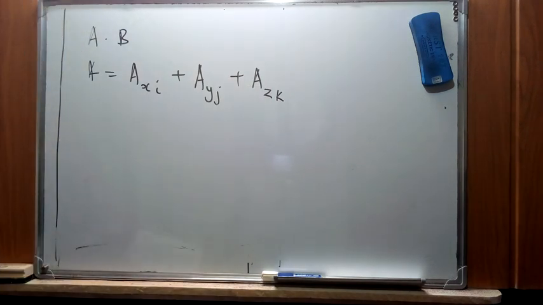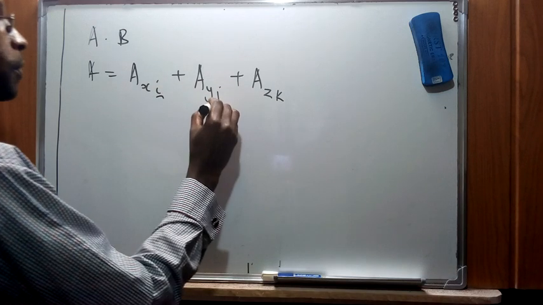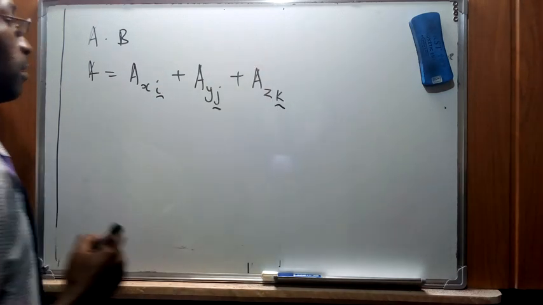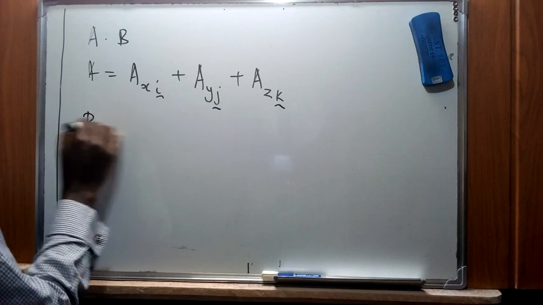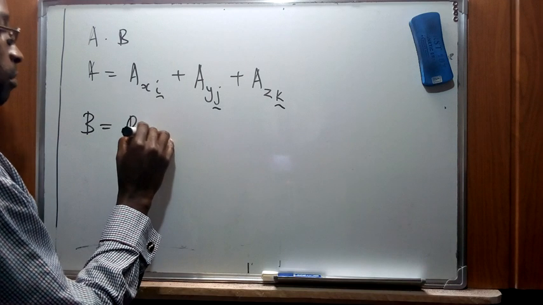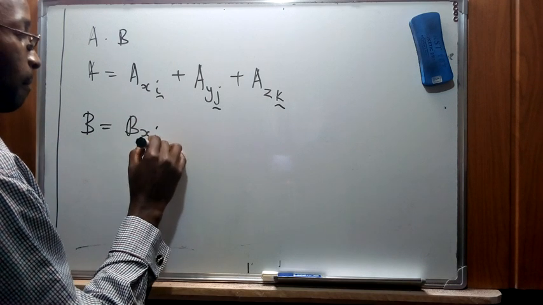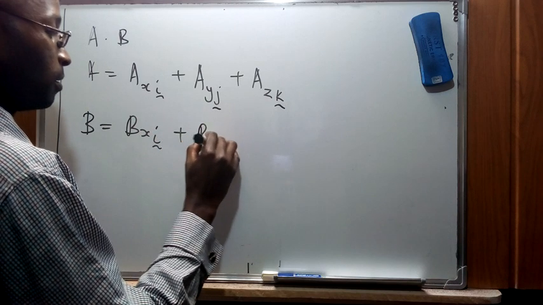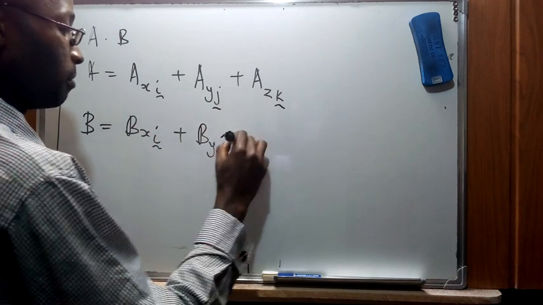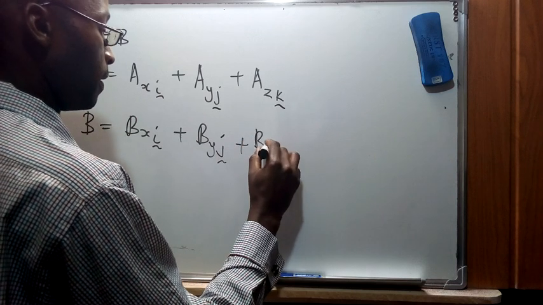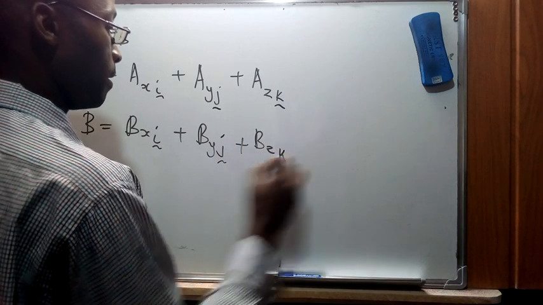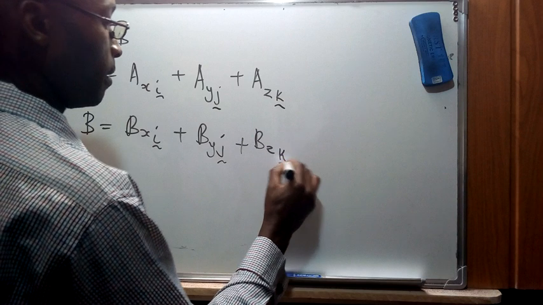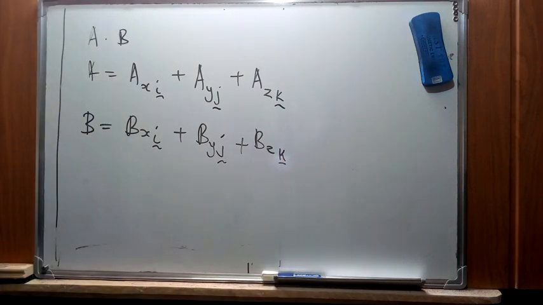So these are the components of vector A. For B also we can describe its components as Bx i plus By j plus Bz k. So those are the two respective components of those specific vectors.